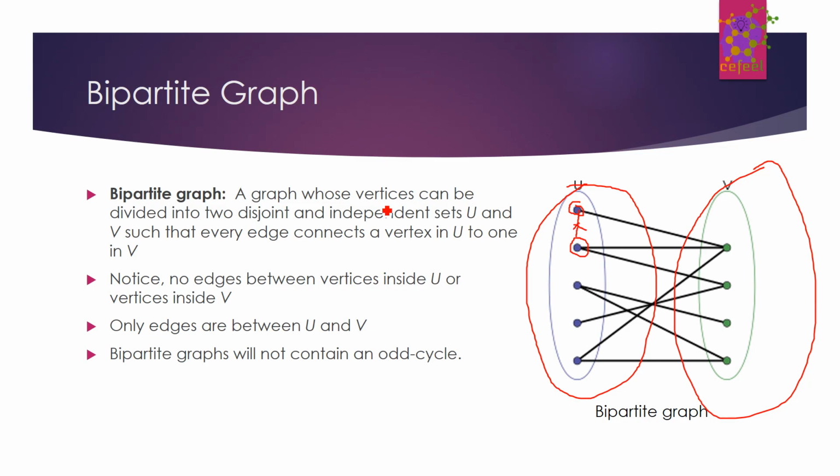So a bipartite graph is a graph where the vertex set can be divided into two independent sets, which means there are no edges within themselves, but there are edges to the other set of vertices. So notice there are no edges between vertices in U or in V, and all edges that are present are from U to V.